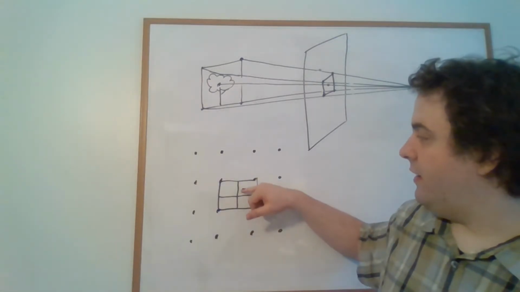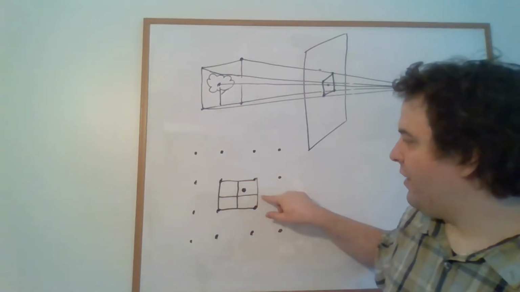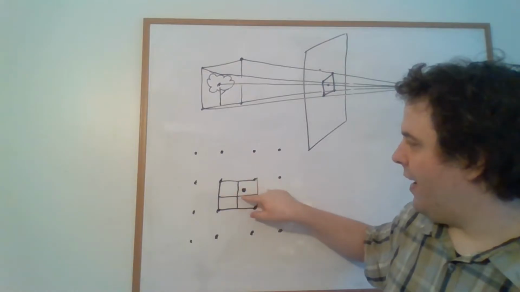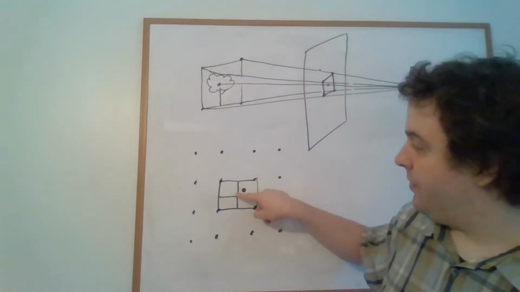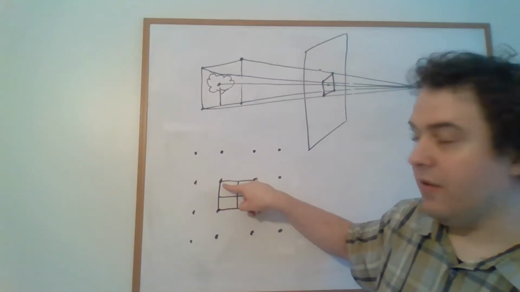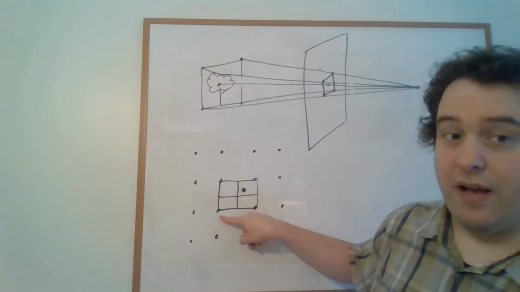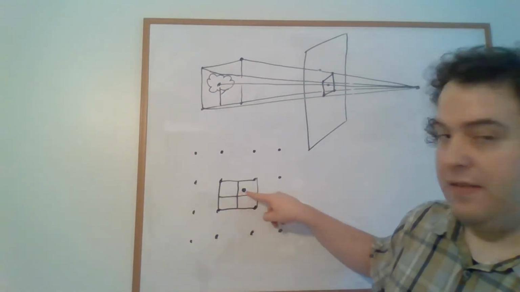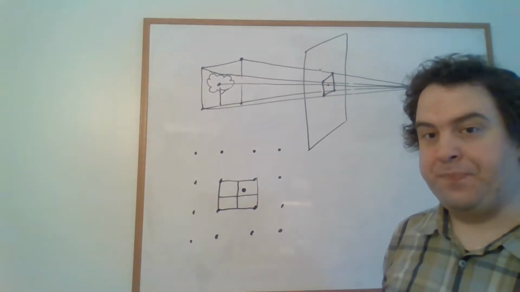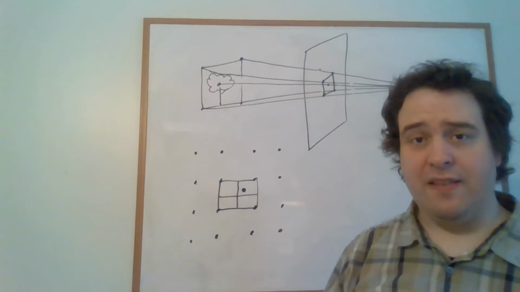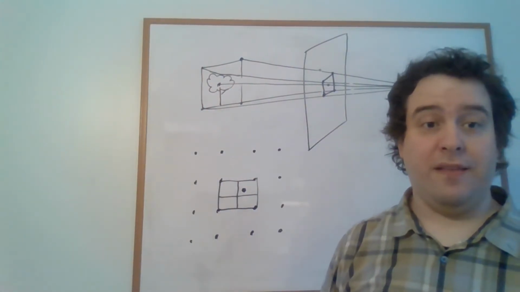And so what you'll see is that this entire square here winds up getting colored the color of this pixel. This entire square here gets colored the color of this pixel. This entire square here gets colored the color of this pixel. And this entire square here gets colored the color of this pixel. And that produces a pixely effect. When we look at this texture, it will look pixely.